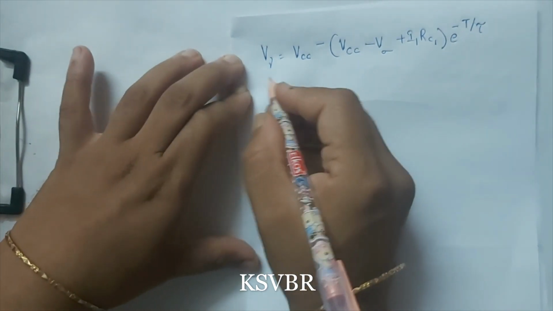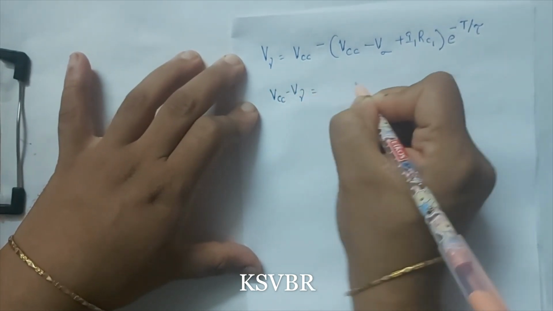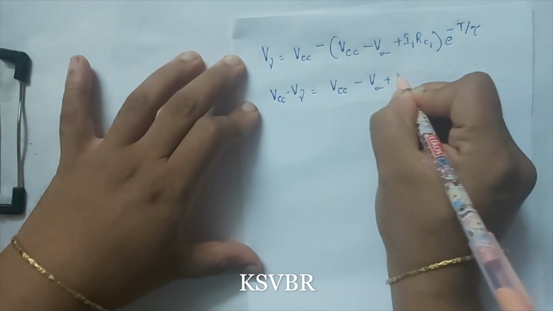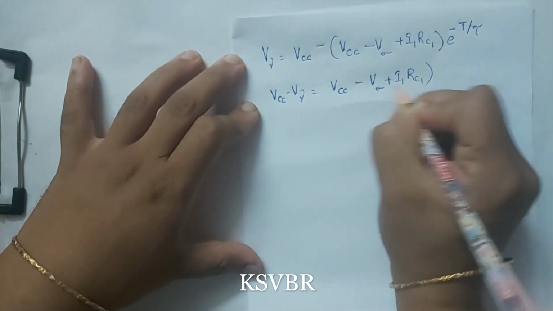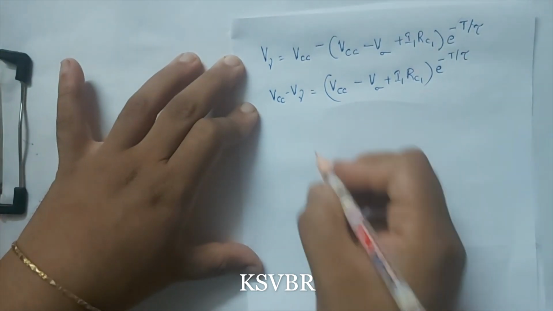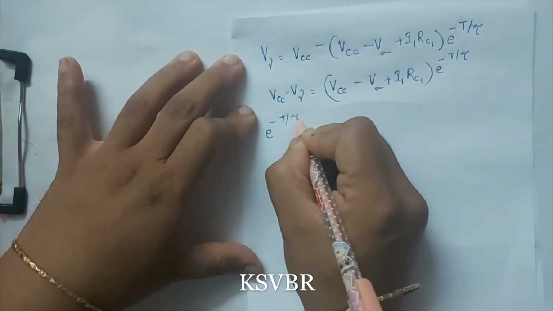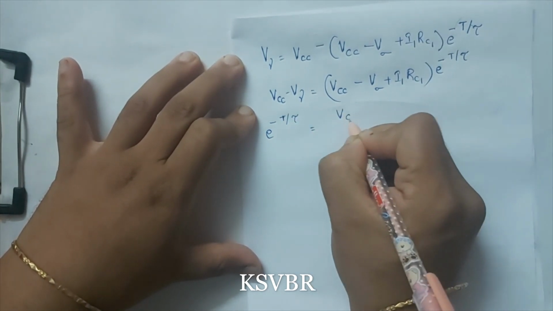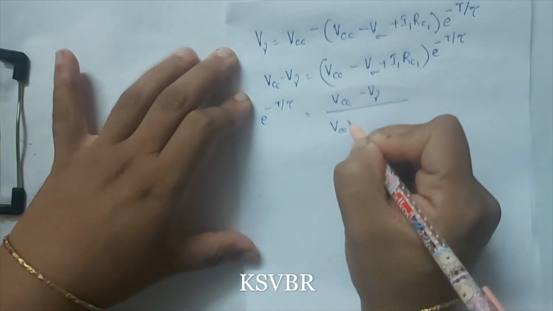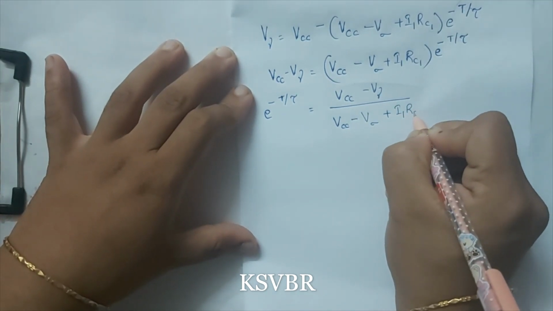Okay, for that we are going to derive: VCC minus V gamma is equal to VCC minus V sigma plus I1 RC1 into e power minus t by tau. E power minus t by tau is equal to VCC minus V gamma by VCC minus V sigma plus I1 RC1.